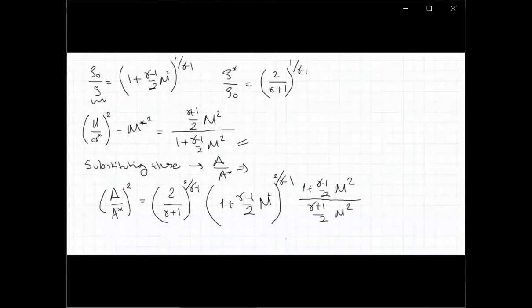So now we do have a relation for a over a star square as a function of either gamma or Mach number. Nothing else shows up on the right hand side. Let's get a clean page, and organize this equation a little bit more in a simplified manner.